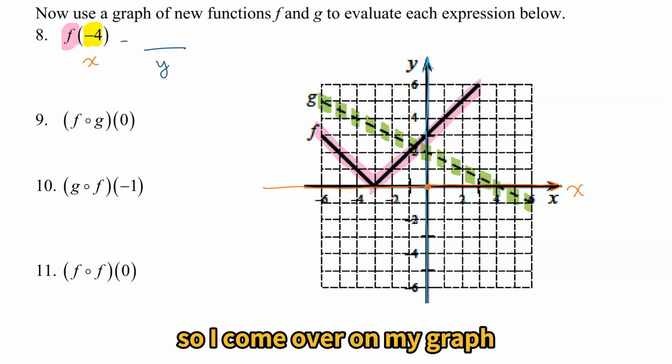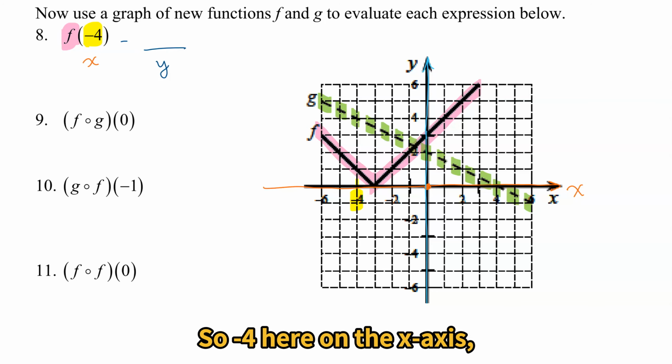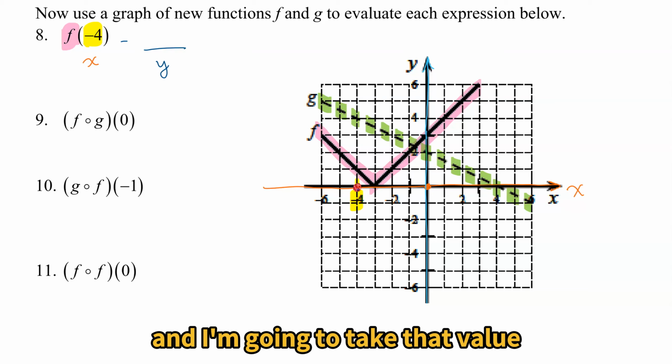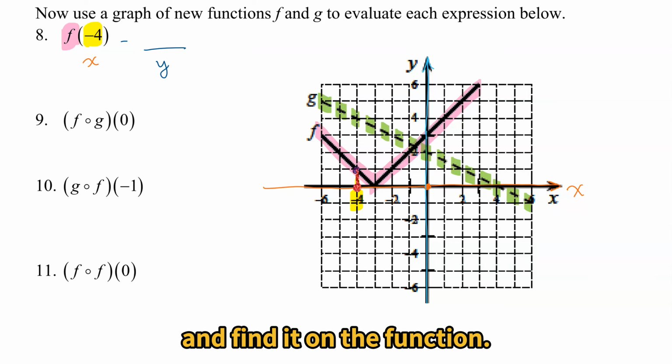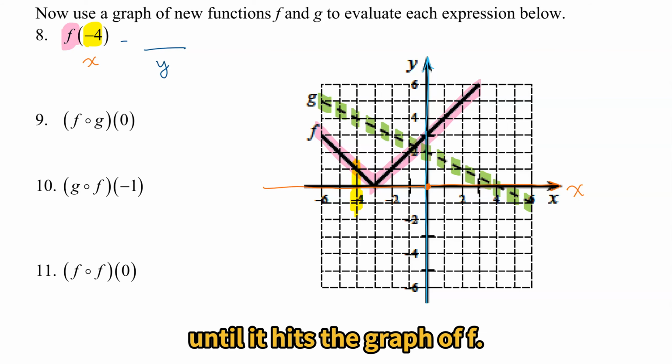So I come over on my graph and I find -4 on the x-axis. So -4 here on the x-axis, and I'm going to take that value and find it on the function f. And that's really hard to see. Let's use the yellow. So -4, follow it up until it hits the graph of f.